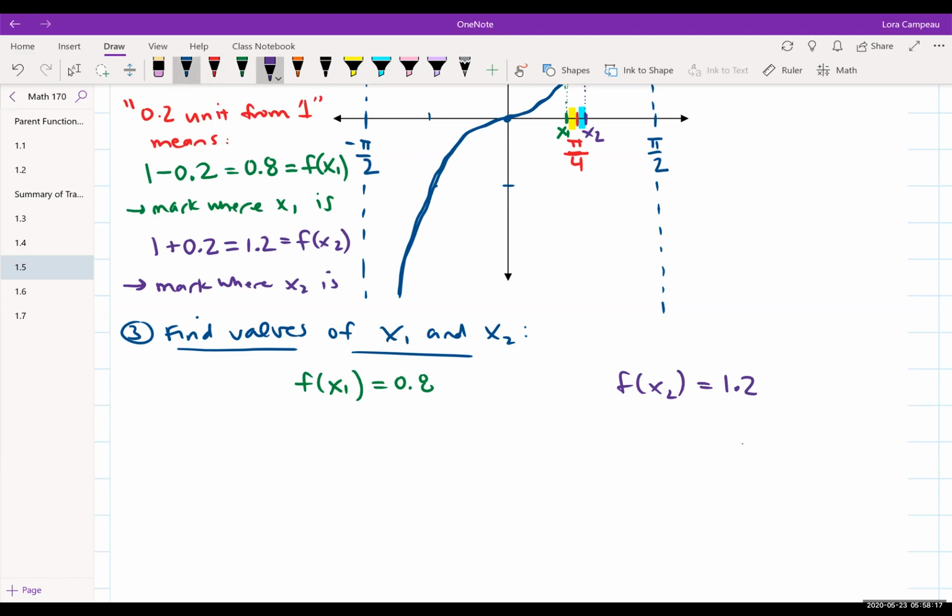So we're going to use our given function, f of x is equal to tangent x. And we're going to rewrite this so that we can figure out the x1 value. So if we rewrite f of x1, we're getting tangent of x1, still equal to 0.8, by the way. And similarly, we can do this simultaneously. We can say tangent of x2 should be equal to 1.2.